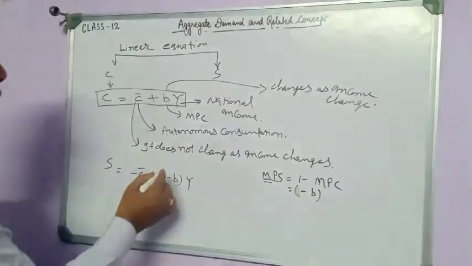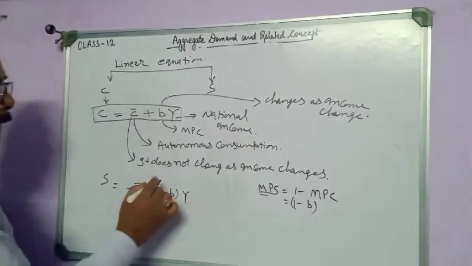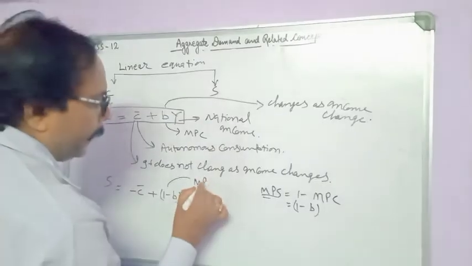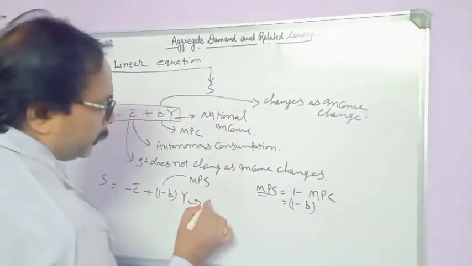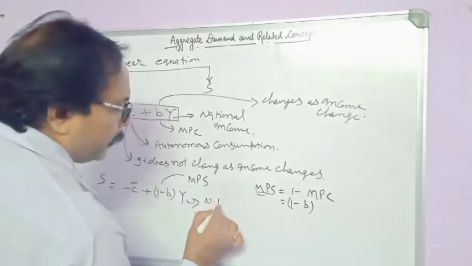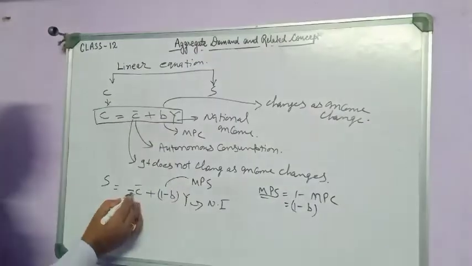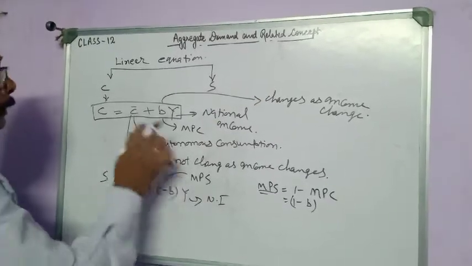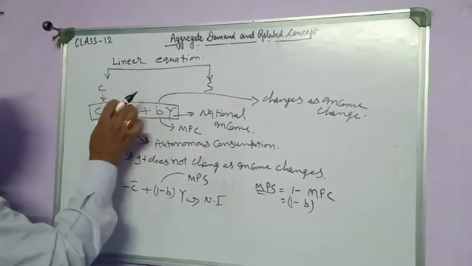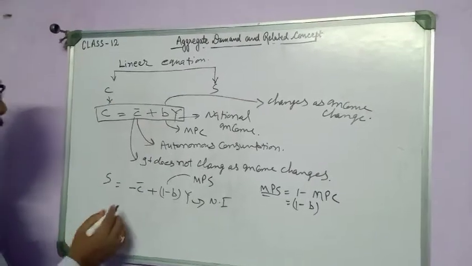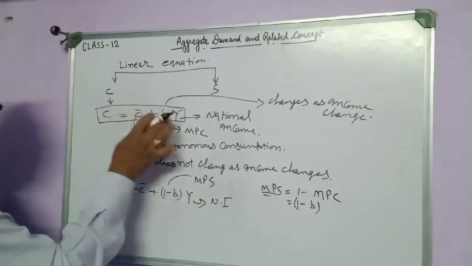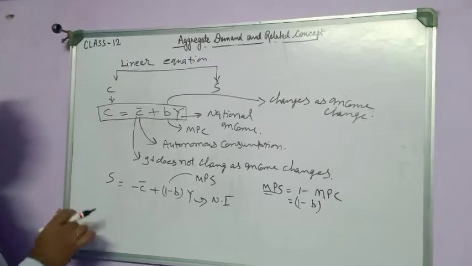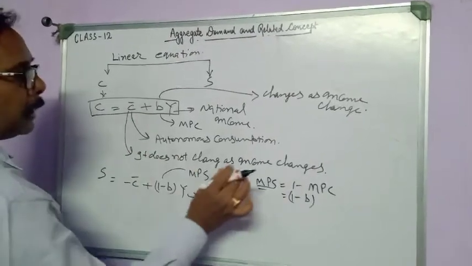So here 1 minus B indicates MPS, Y indicates national income, and minus C bar is equal to the autonomous consumption, but here there is no income, and that's why that is the minimum consumption level for survival.